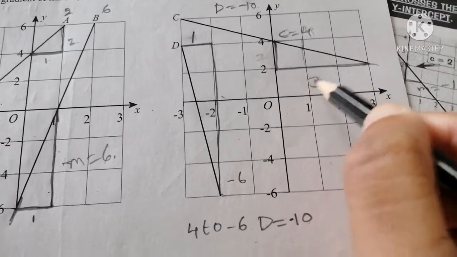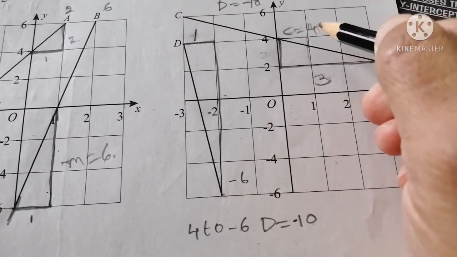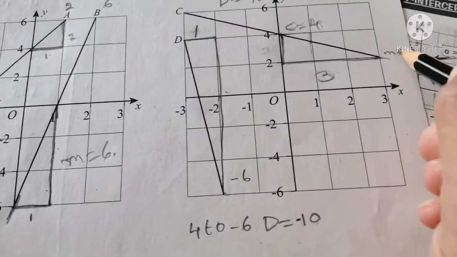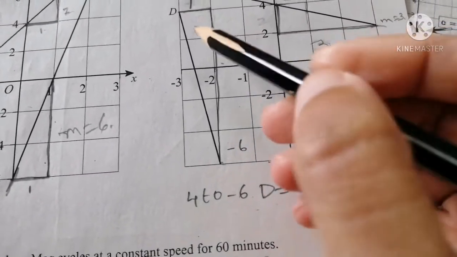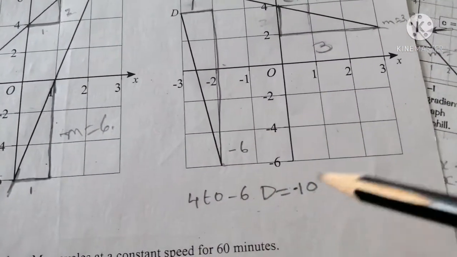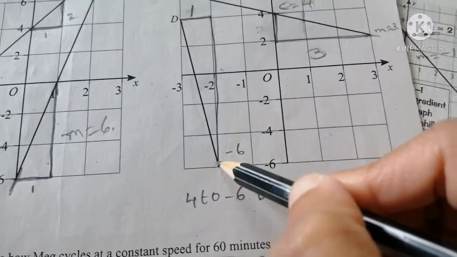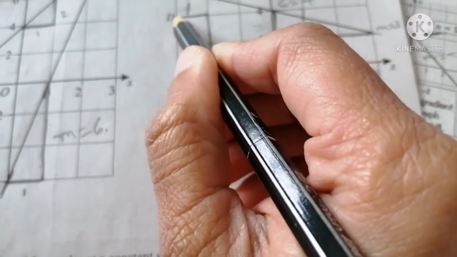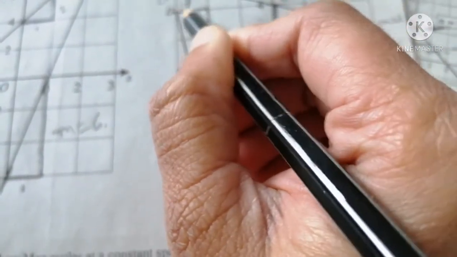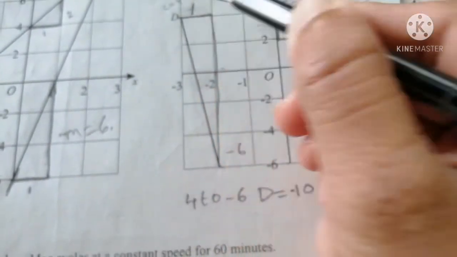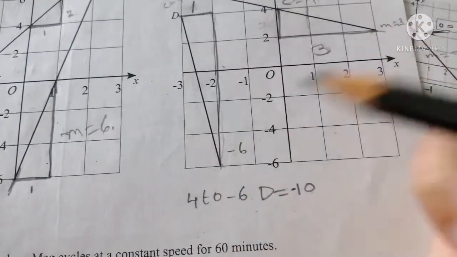So m equal to 3 here. Here d equal to minus 10, because they given this black line and then its y-intercept point is c equal to 4, and then we will draw one line here, and then until it touches we will draw a line.